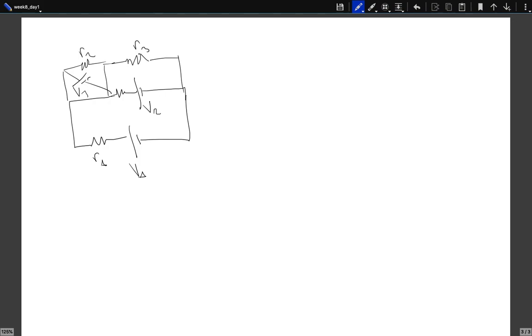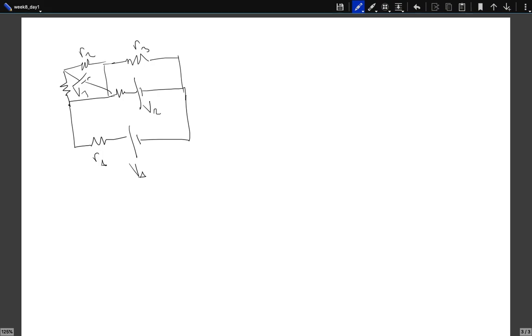Each one has its resistance. Maybe they even have some other resistances over here. Here you have another resistor and another one over here, and these points are connected by a third battery. And let me also add another resistor over here, because without that resistor, this battery is just short. There is no potential difference between these two points without that resistor.